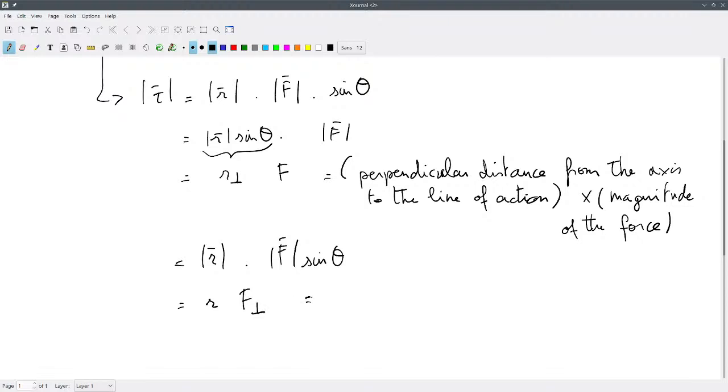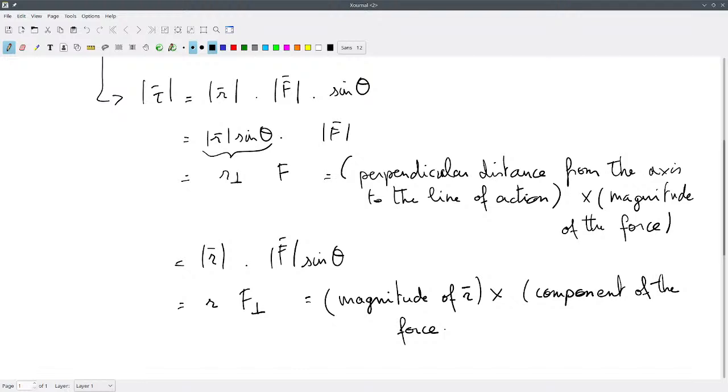Now this is the magnitude of r times the component of the force that is tangential to the rotation.